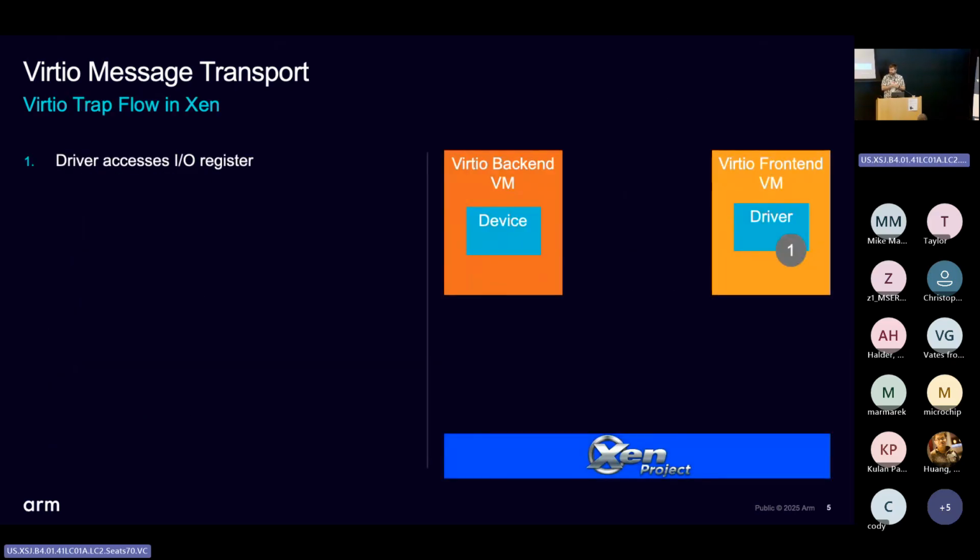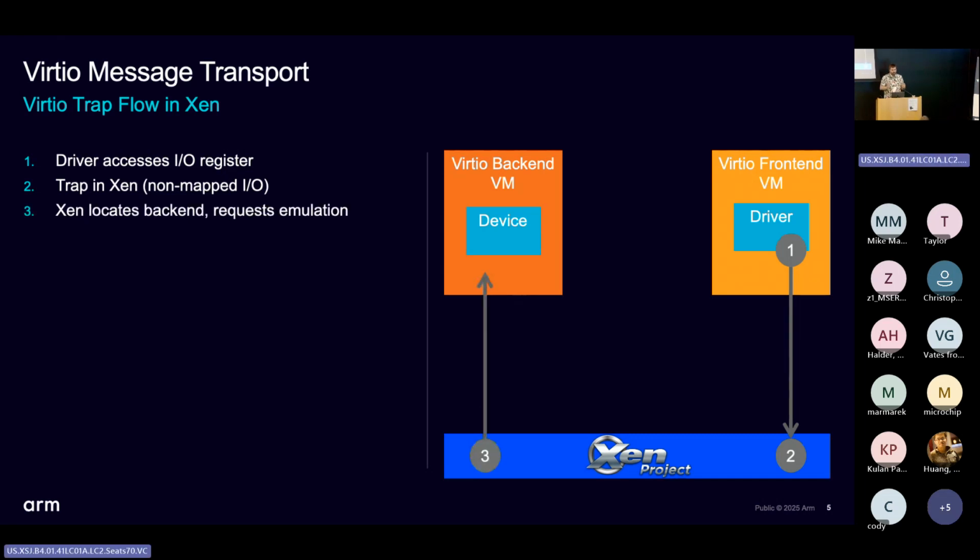How does this work in practice? You have a driver that wants to access a device, so it accesses a register. This access is trapped into Xen because it accesses non-mapped IO. Xen will locate which VM is supporting the backend for this register, and it will request an emulation from this VM.